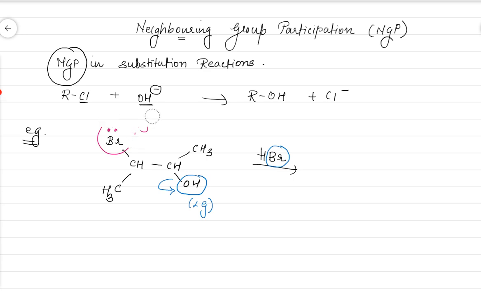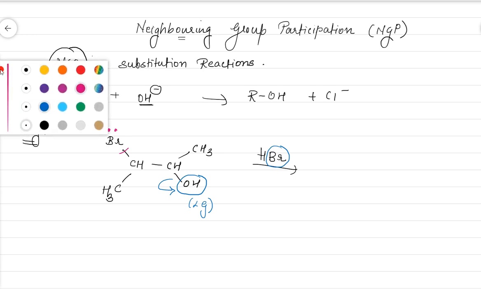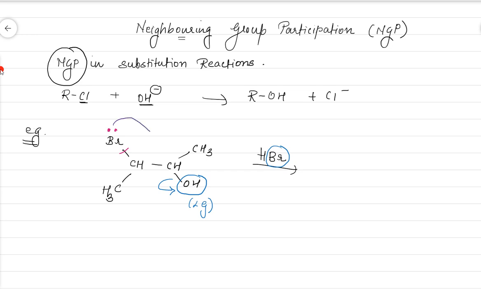So how is it going to assist the removal of OH? Let's see that. Bromine has a lone pair of electrons. It's a halogen, right? So it has a lone pair of electrons. Because of this lone pair, they are participating in the reaction. This lone pair is going to attack this carbon and it is going to assist the removal of OH.